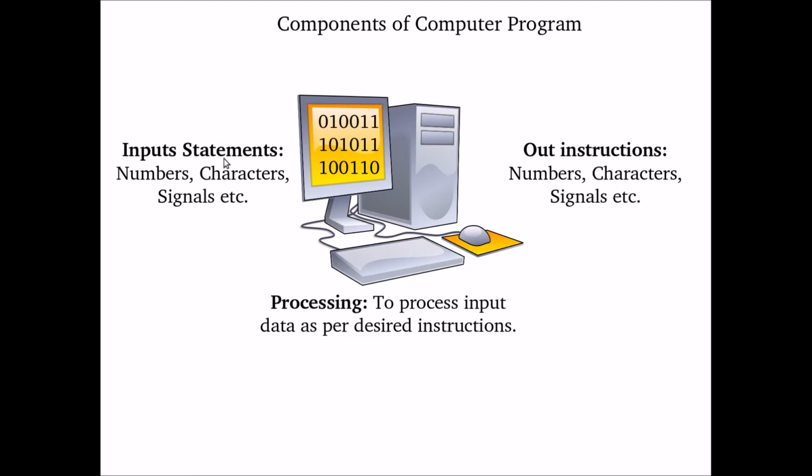So ultimately analog data is being converted to zeros and ones. It may be recorded or whatever is desired as per program, and then that same data is fed out to the different output devices. It can be a speaker or any other thing. So these are some basic components of a computer program.